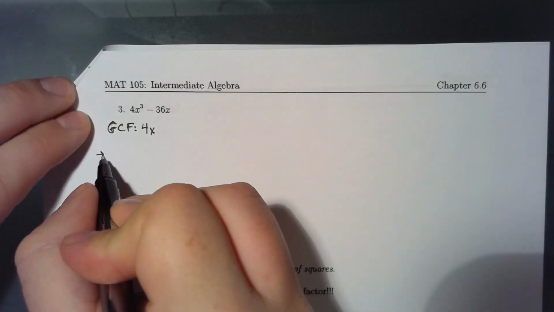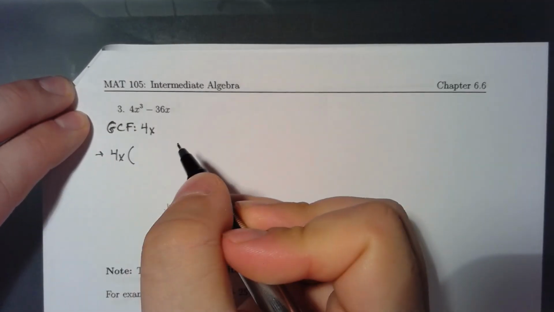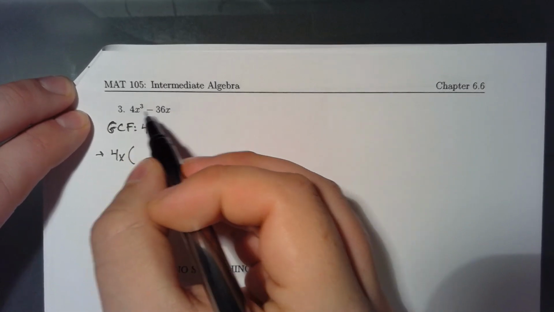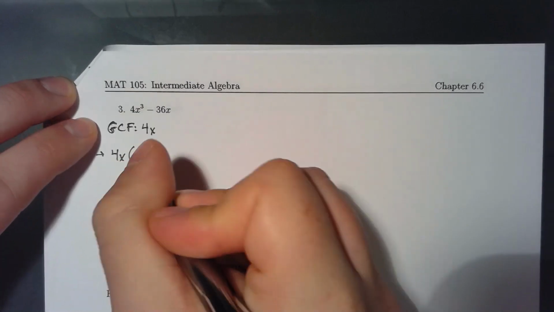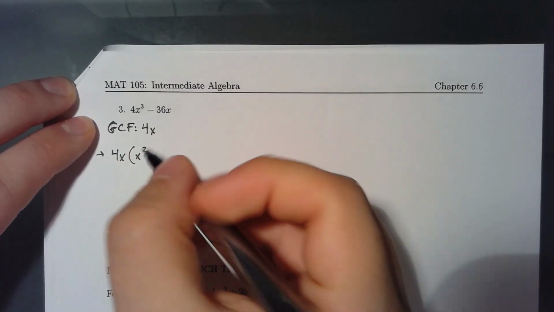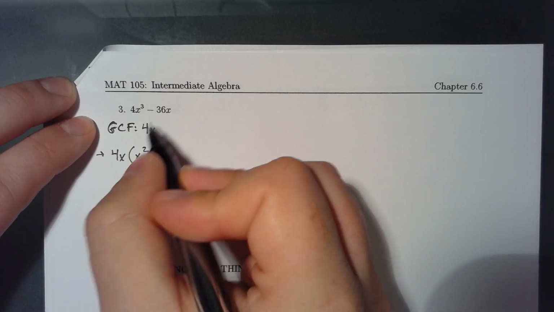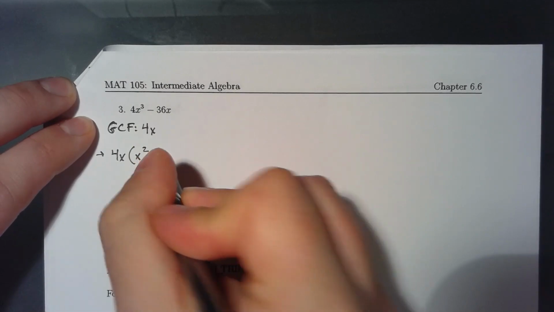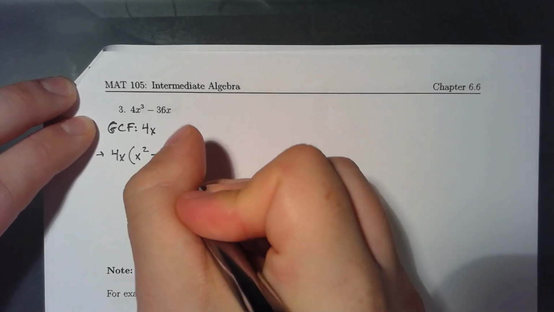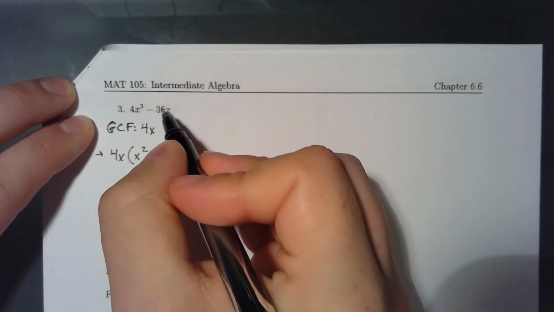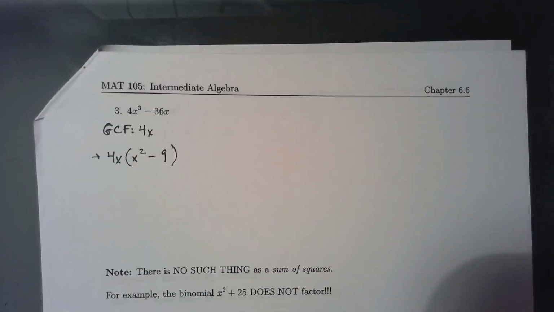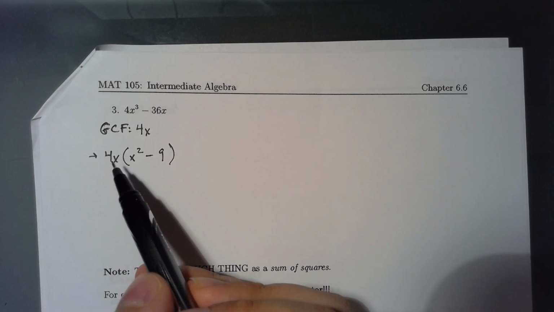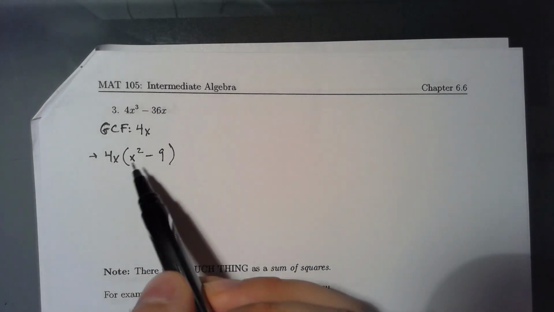So I can factor a 4x out of the whole polynomial. Factoring 4x out of 4x cubed leaves x squared. Factoring 4x out of negative 36x leaves negative 9, since 4 goes into 36 nine times, and x out of x is 1. So this is what I have left over.